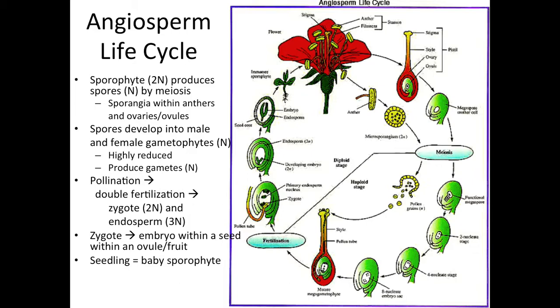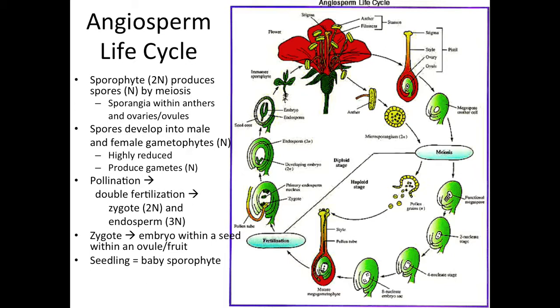In the ovary, you have the female sporangia, or the megasporangia. Remember, the sporangia are still part of the diploid body. They're still part of the sporophyte body. And it's in that sporangia where meiosis occurs. So within the sporangia, meiosis occurs, and that's going to bring the sporophyte generation to the gametophyte generation. That's where you go from having diploid cells to having haploid cells.